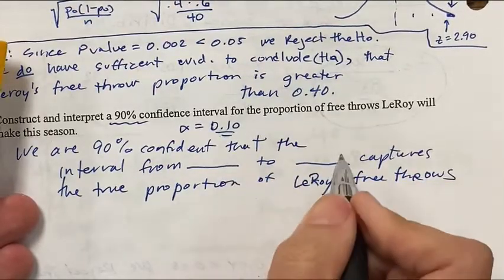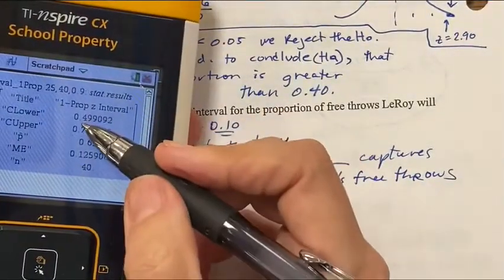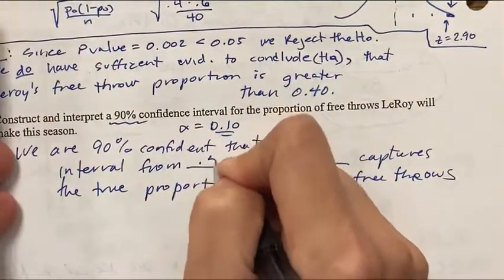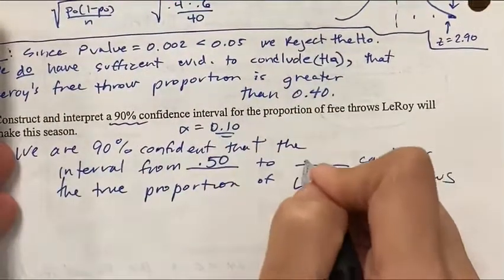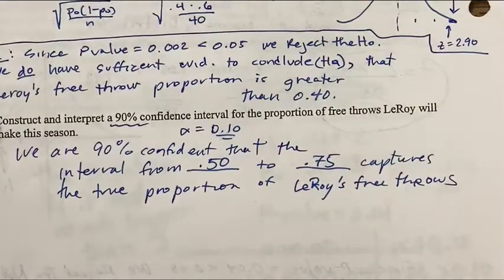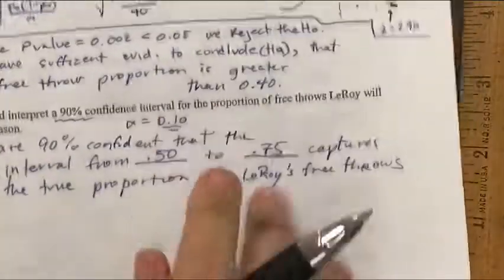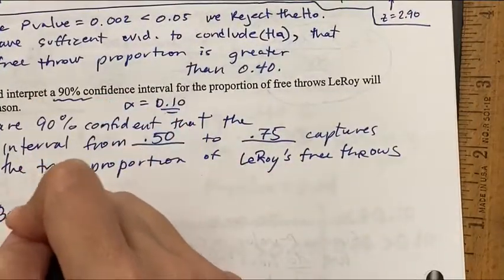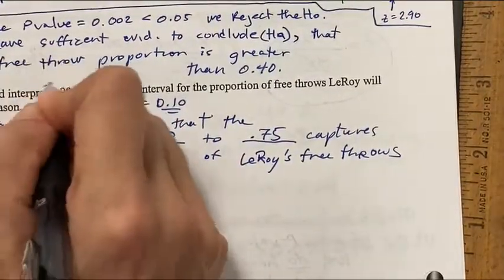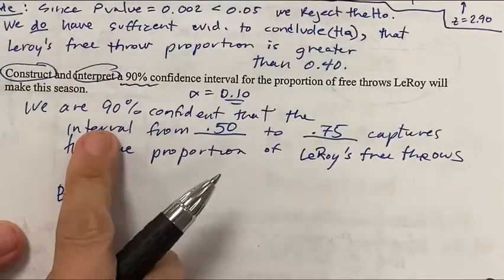Okay, now what is my from here to here? 0.50 to 0.75. Wow, so that's awesome. That's awesome because we already knew we were going to reject the null. So it says construct it and now interpret it. So I constructed it, right?